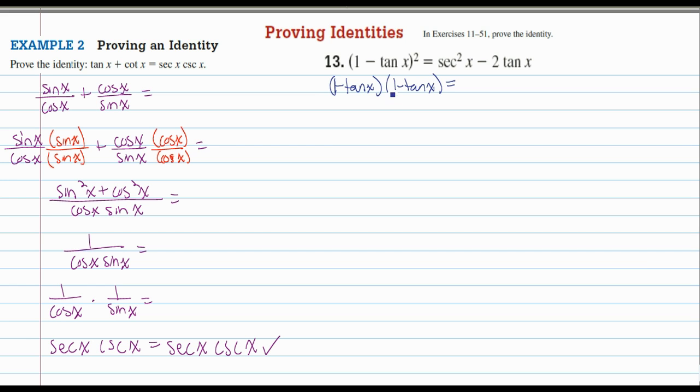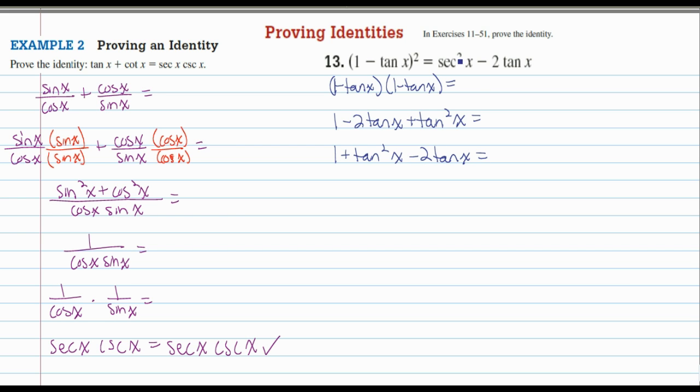So now if I multiply all that out, I get 1 minus 2 tangent of x. Oh, interesting, 2 tangent of x minus 2 tangent of x. I'm keeping my end in mind, and I see this is something I'm going to need later. And then plus tangent squared of x. So I have a minus 2 tangent of x. So I'm going to rewrite this because I have my minus 2 tangent of x last.